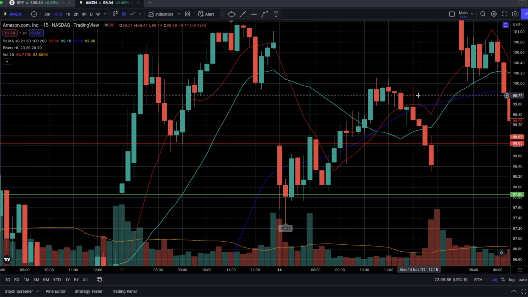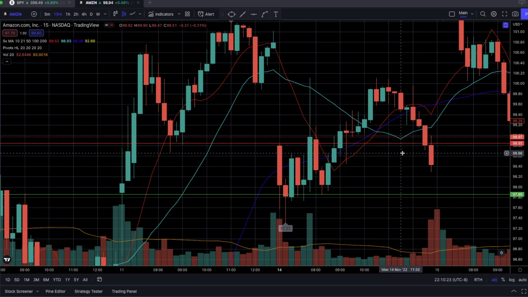So Amazon here, obviously we decided to fall back down, retest the 98.85 level of resistance, and ultimately we ended up closing below this level. However, we still didn't close anywhere near my $1 stop loss from my entry point of 98.61, or .60, doesn't really matter.